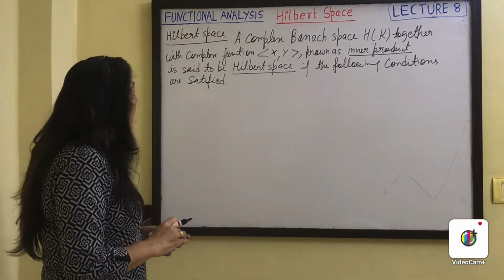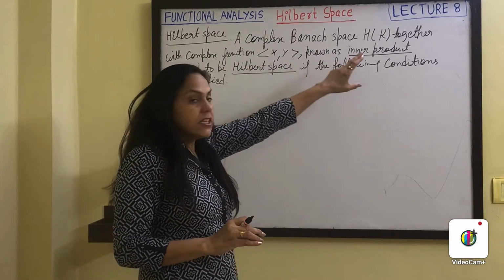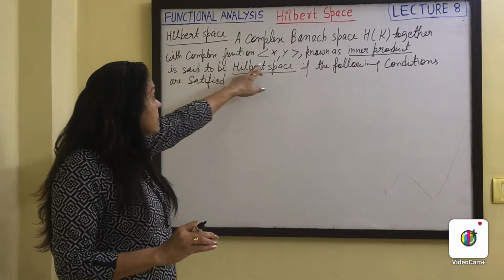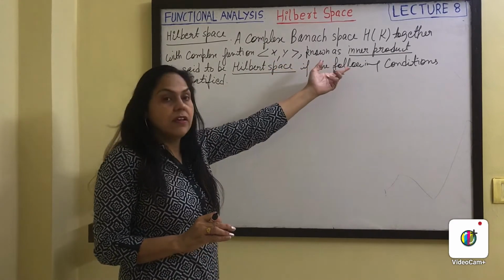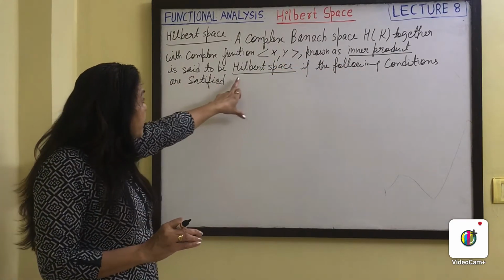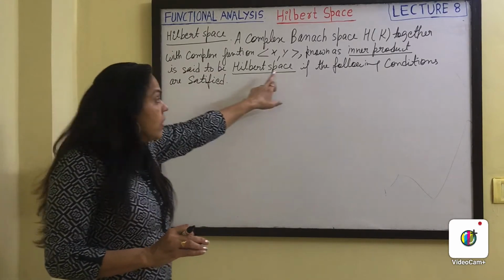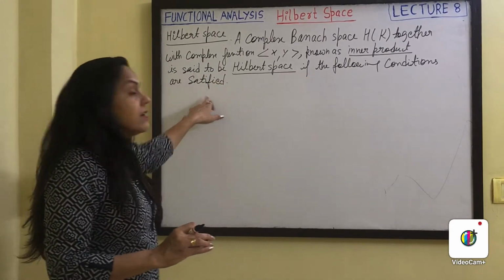Hilbert space: a complex Banach space H over K together with the complex function inner product of x comma y, known as inner product, is said to be Hilbert space if the following conditions are satisfied.